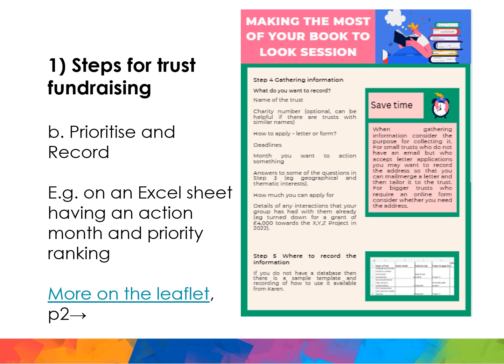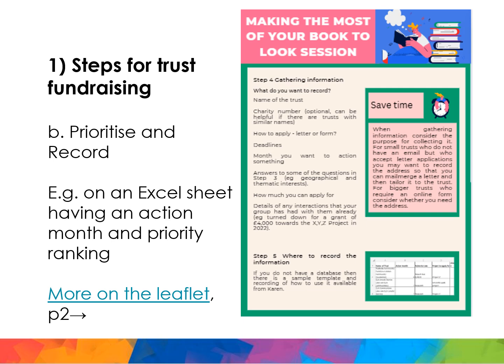And if you haven't got a database, then if you're a smaller organisation, an Excel spreadsheet will do the job fine. So I have got a sample Excel spreadsheet that I can send to Lewisham Groups. And there's a bit of information on this sheet about that. So you want to pop the information into the Excel spreadsheet.